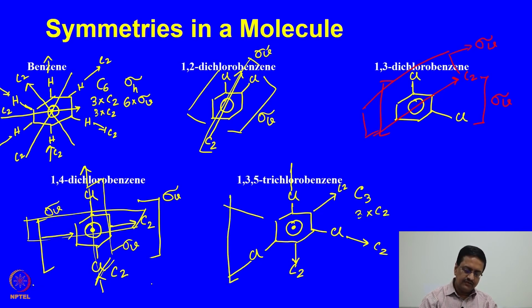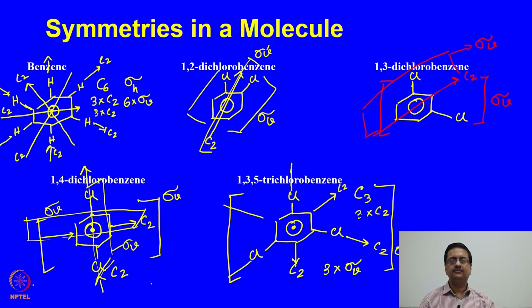The plane of the molecule is a sigma H, because this plane is perpendicular to the C3 axis and C3 is a principal axis. There are 3 sigma V planes which are passing through the individual C2 axes. So, in this particular case you have C3 plus 3 perpendicular C2s and 3 sigma V's, just like 1,4-dichlorobenzene. So, in the next lecture we will continue from here.